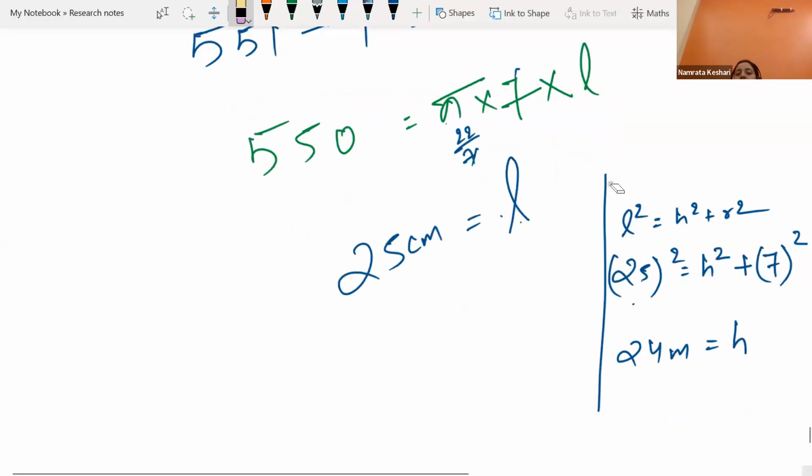From where did this rule come? We know this rule, because we are talking about a cone.